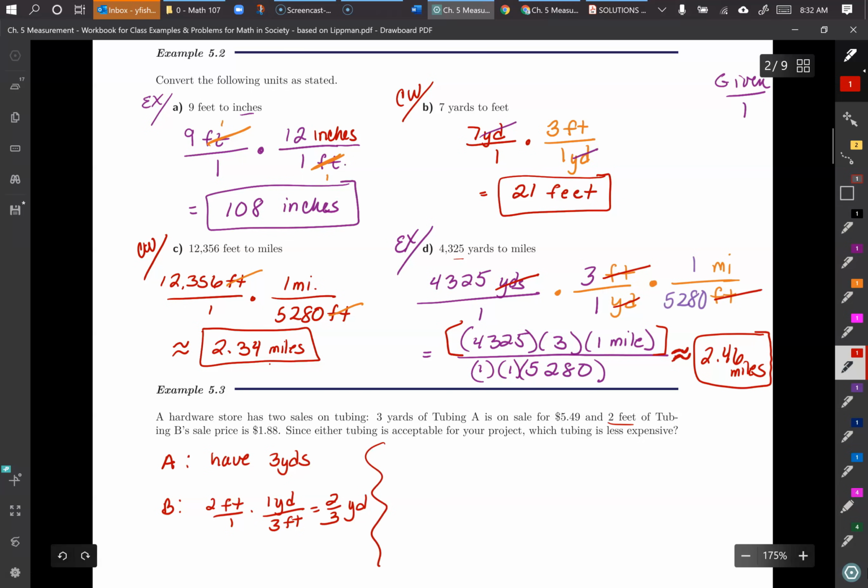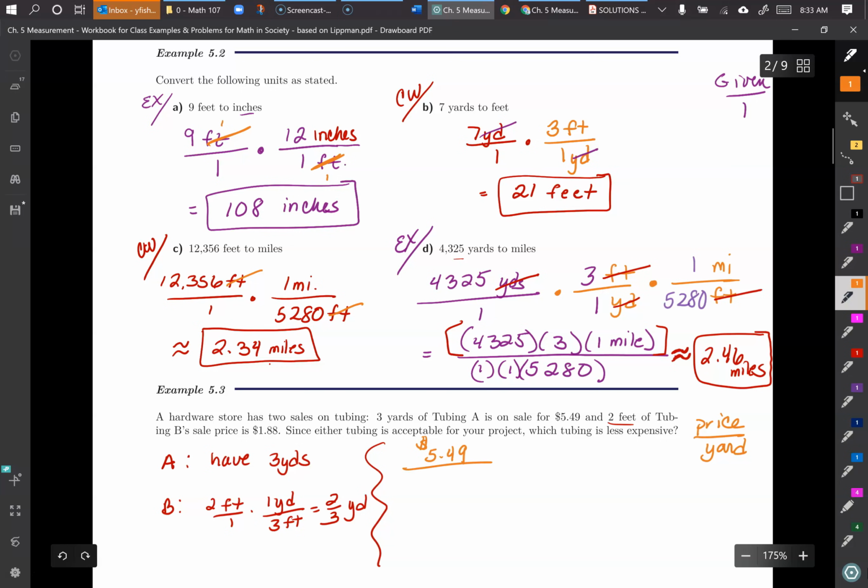And then I'm going to figure out the price per yard on each of them. So for A, my sale is $5.49. So if I'm going for price per yard, I want to do price over yard.